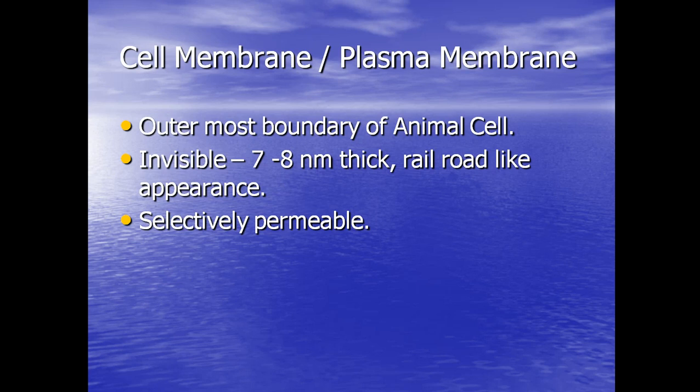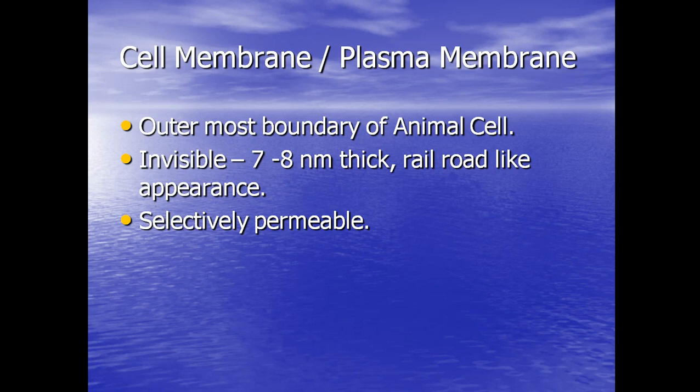When we talk about the cell membrane, plasma membrane, or in short the plasma lemma, this is the outermost boundary of the animal cell. Whereas if it is a plant cell, this is next to the cell wall.